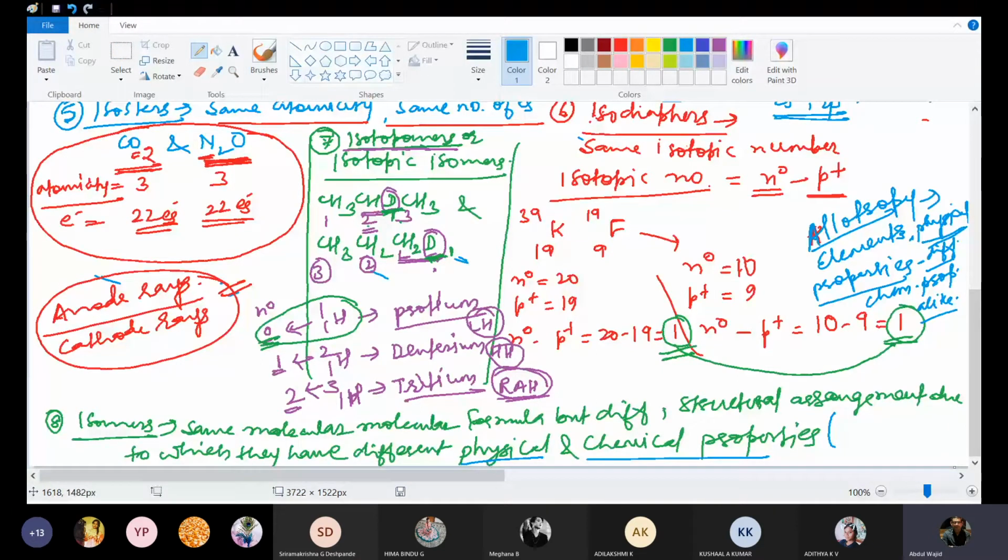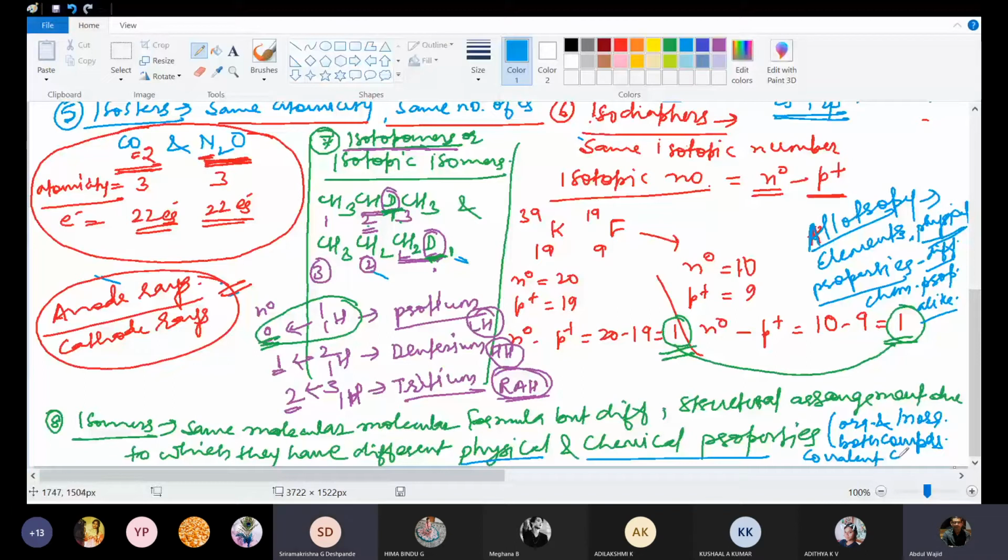Covalent will be the better answer because organic and inorganic compounds both can show isomerism. So better to say covalent compounds.